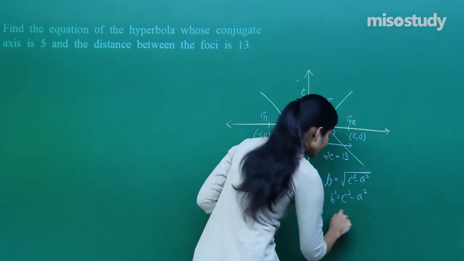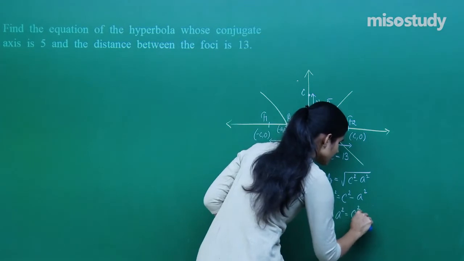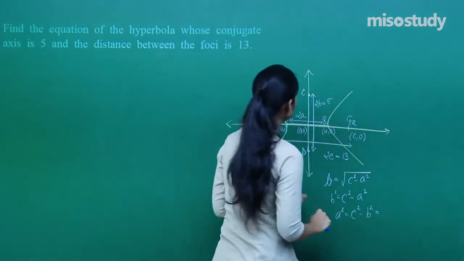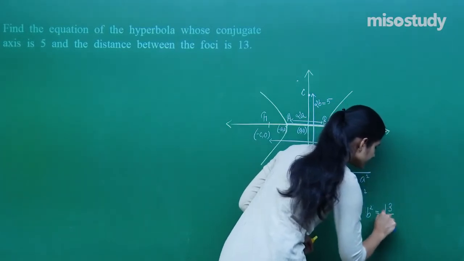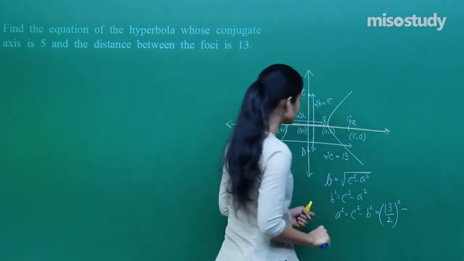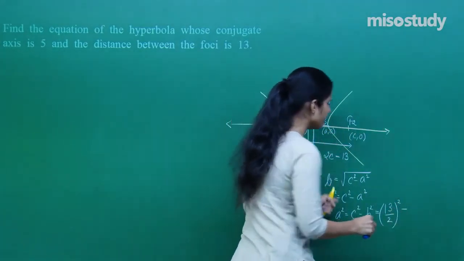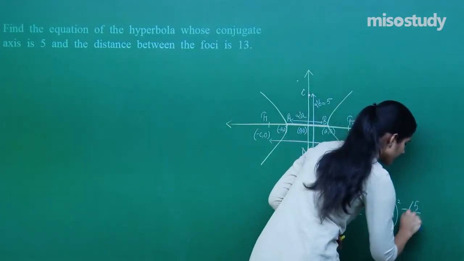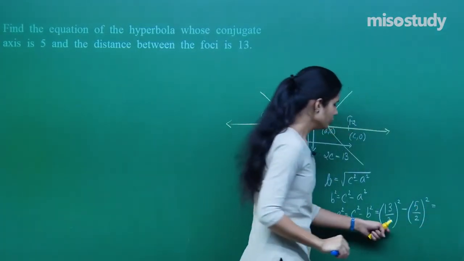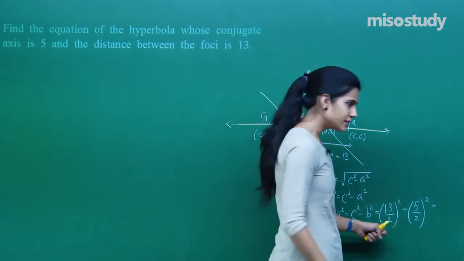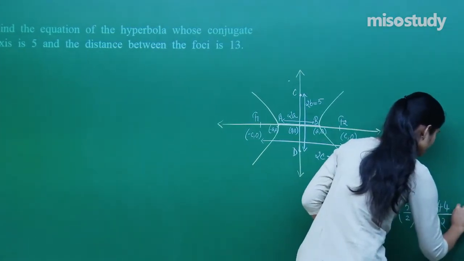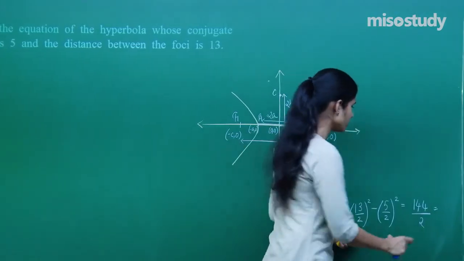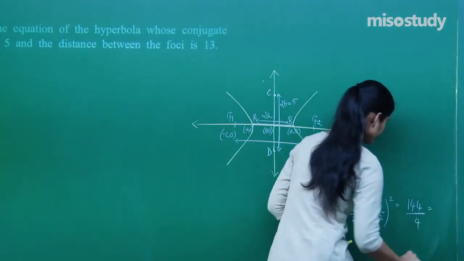What is A? A square is C square minus B square. C is 13 by 2 minus B square, B is 5 by 2. So this is 169 minus 25, that is 144 by 2. No, 144 by 4. Isn't it?